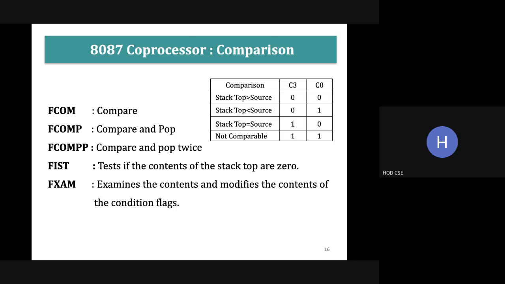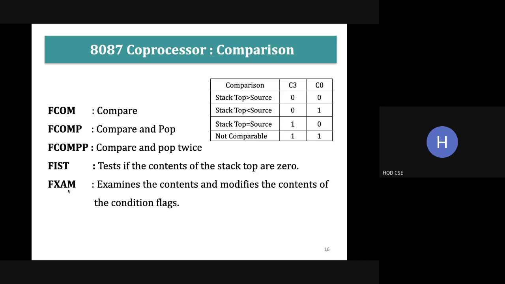The compare instruction is CMP. Hope you remember this. In 8086, the compare instruction is CMP. Next, to check whether the content of the top of the stack is 0, we use the FTST instruction. And FXAM is used to examine the content and modify the condition flags.